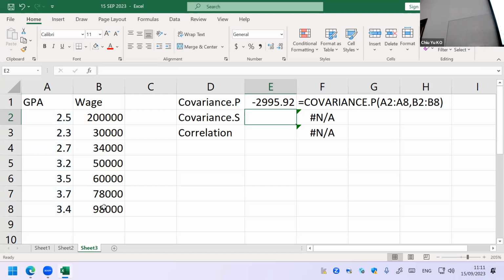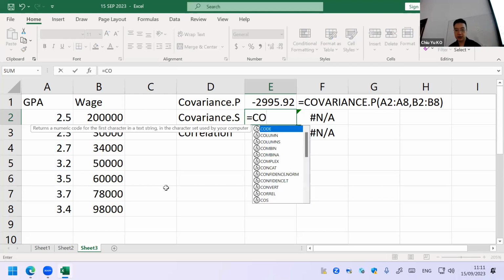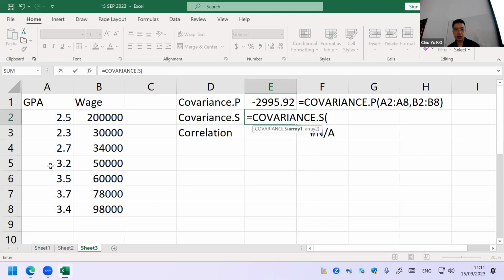The guy who doesn't study well will get a lot of money because he has an occupation of offspring. And COVARIANCE.S will be this again, and then the comma there.